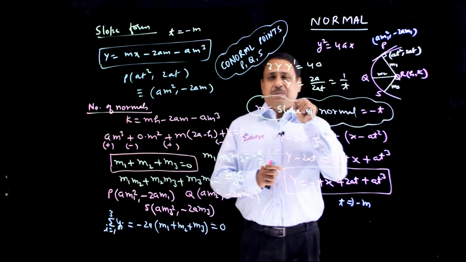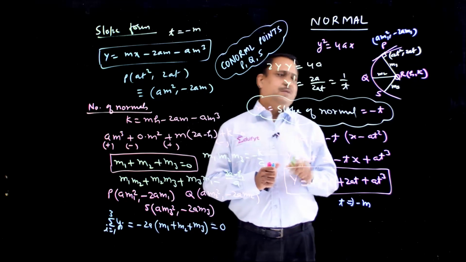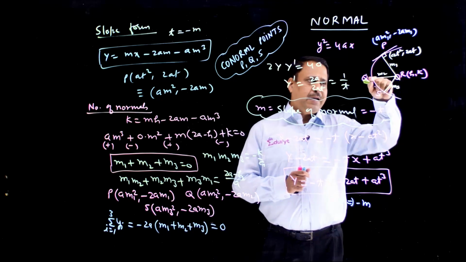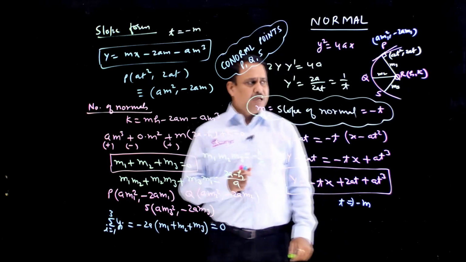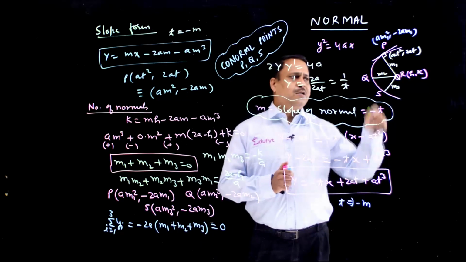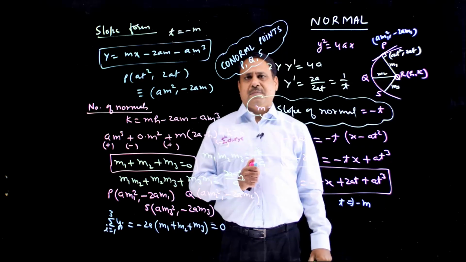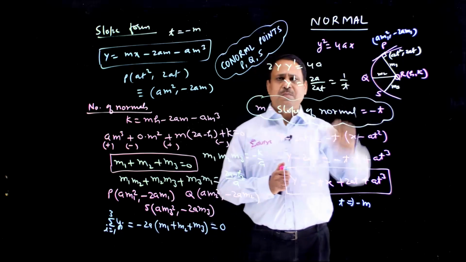That means here is one very tricky question which is very useful for objectives particularly. If I form a triangle PQS, now I am talking about triangle PQS, what will be the locus of the centroid of triangle PQS?